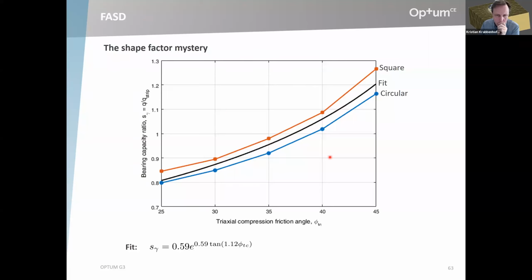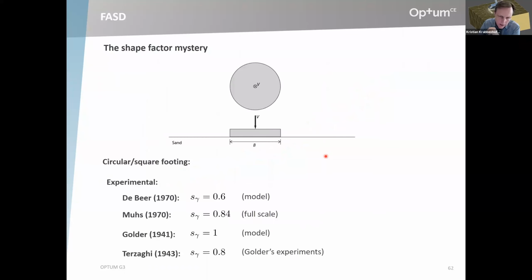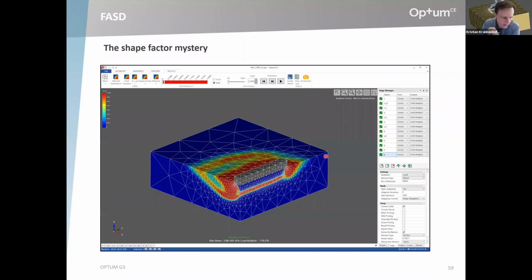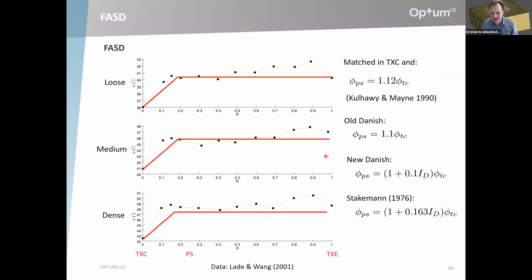So what type of test do you use to determine the plane strain angle? Yeah, you could use a biaxial test. That biaxial test is not a straightforward test to do. I mean, that's somehow the problem, that the most common and easiest test to do, of course, is the conventional triaxial compression test that gives a lower friction angle than pretty much for all other stress states.